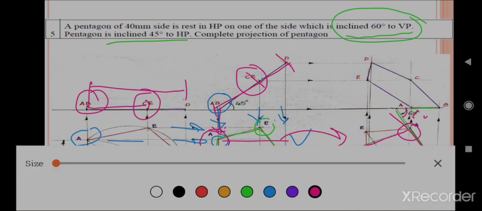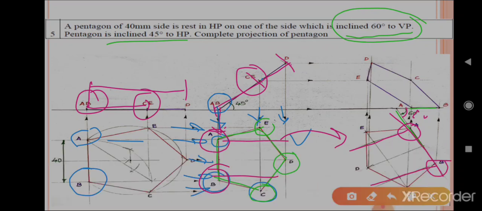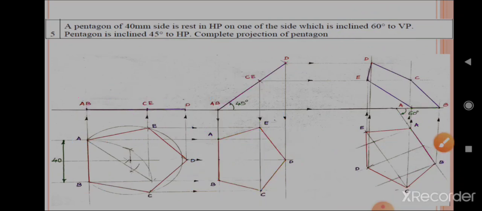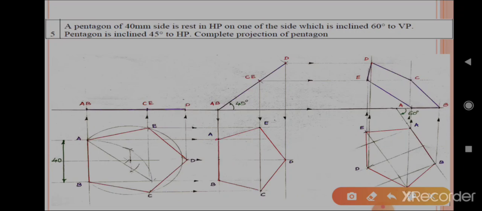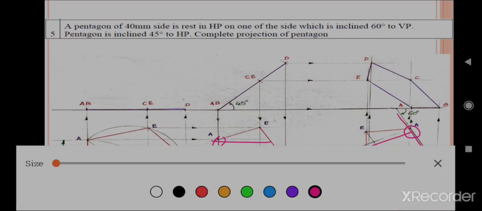Then take a distance from A to this horizontal distance. Again see this: first points A and B we mark on the 60 degree line, then draw the perpendicular lines to the inclined line.